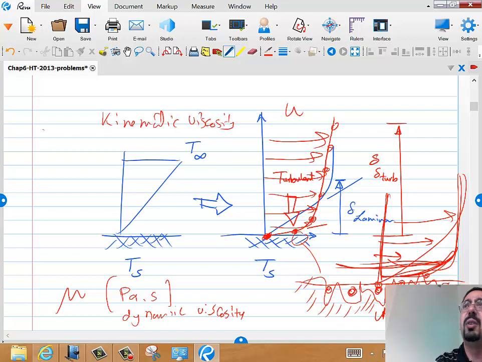What symbol did we give to kinematic viscosity? Gamma? No. No, the dynamic viscosity, or the viscosity in short, is mu. The kinematic viscosity is nu. It's called nu.